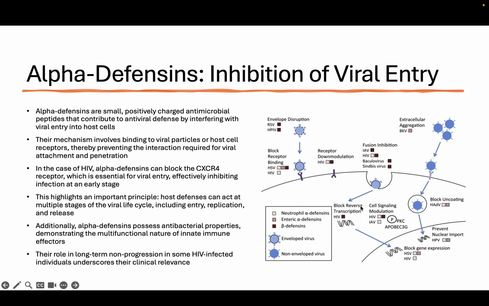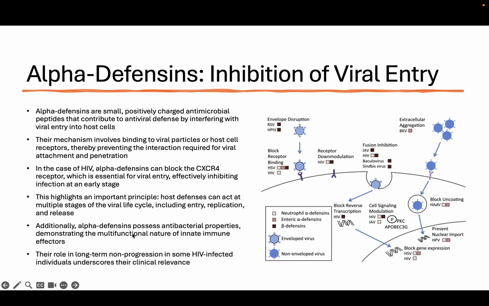In the case over here, you have a beta defensin, a different type of defensin, that can stop reverse transcriptase enzymes. They can also block uncoating by blocking certain membrane fusion proteins that allow this uncoating to occur. So defensins in general can stop a lot of different things. Alpha defensin mostly inhibits viral entry, but beta defensins, for example, can bind to other different things.